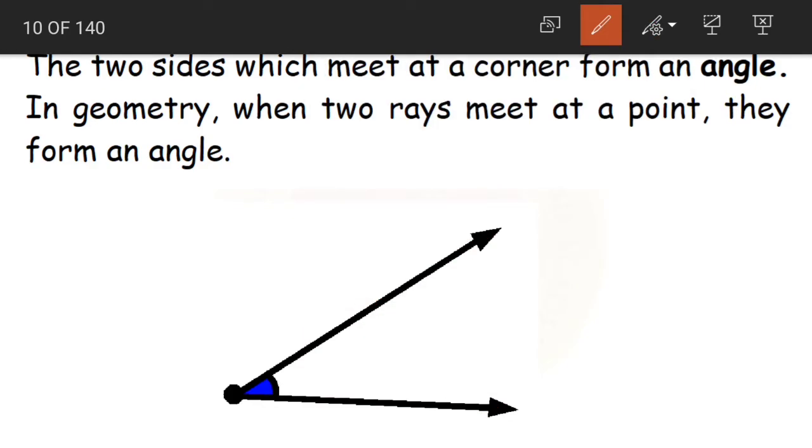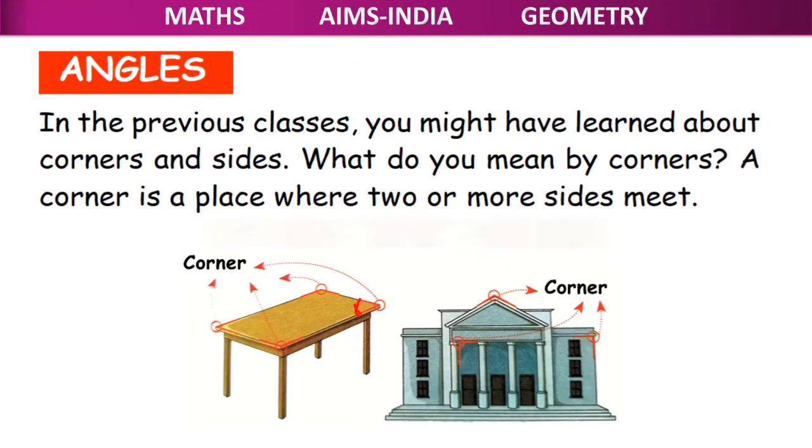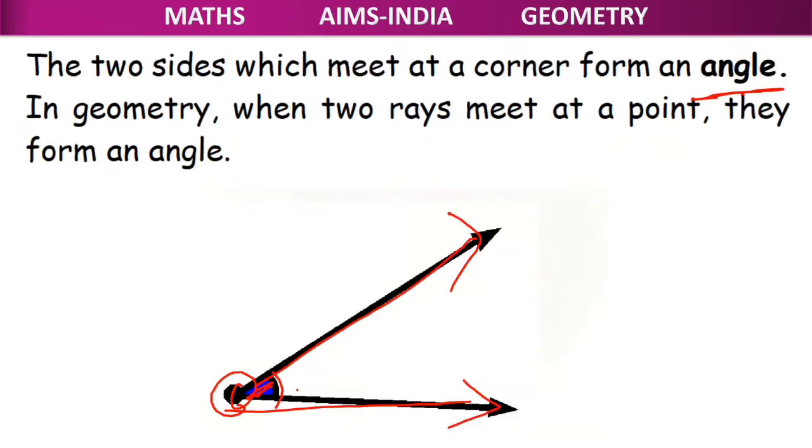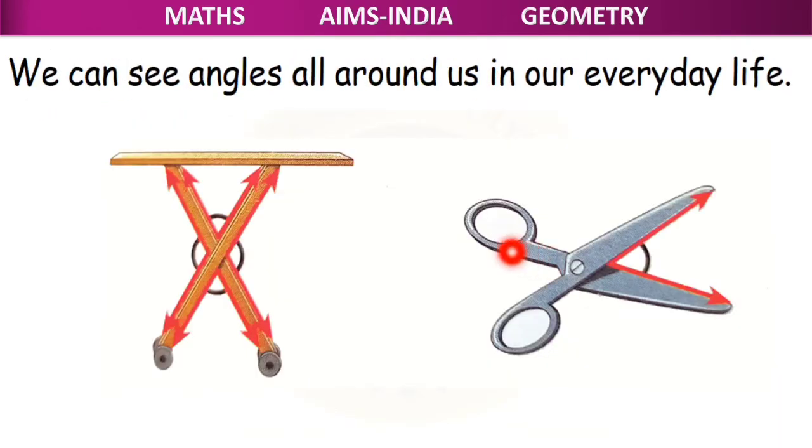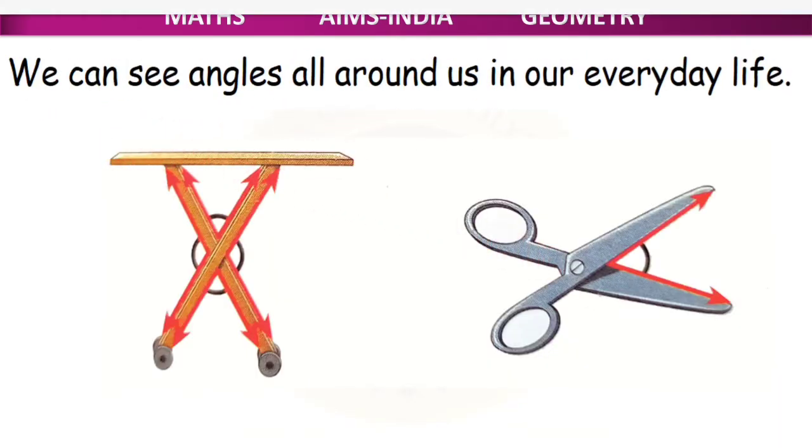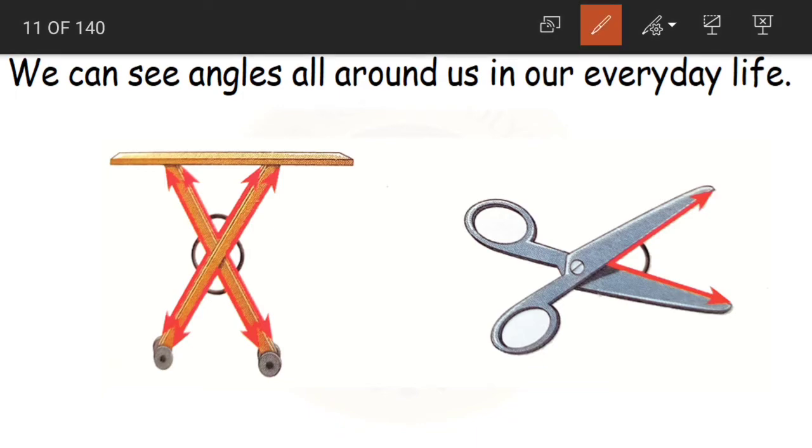This blue color in the line is our angle. How did we get this angle? When two rays meet at a point, we get an angle, and also when two sides meet, they form an angle at the corner. We can see angles all around us in everyday life.